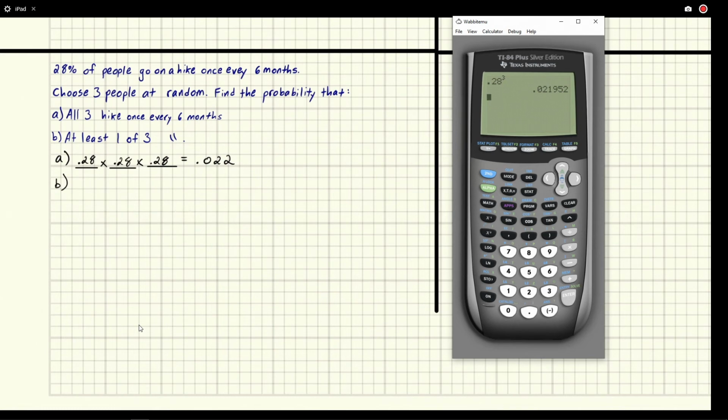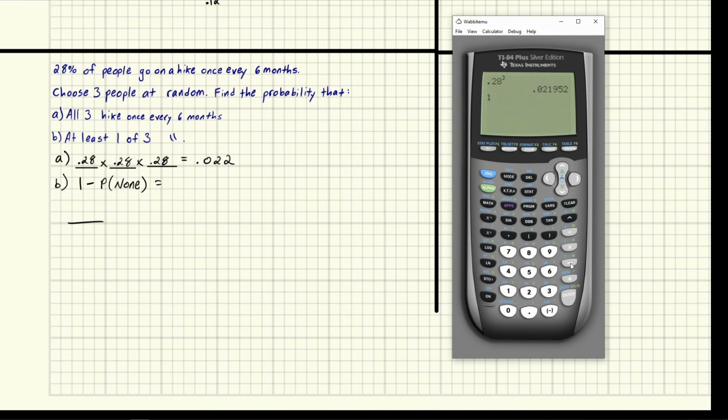We're going to do 1 minus the probability of none. What's the chance that no one does it? The chance that they go on a hike is 28%. If we take 100% and remove these 28% of people, we'll be left with the people that don't do this. So we're going to do 1 minus 0.28.